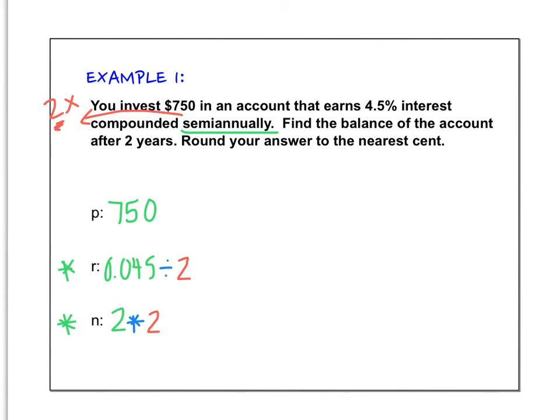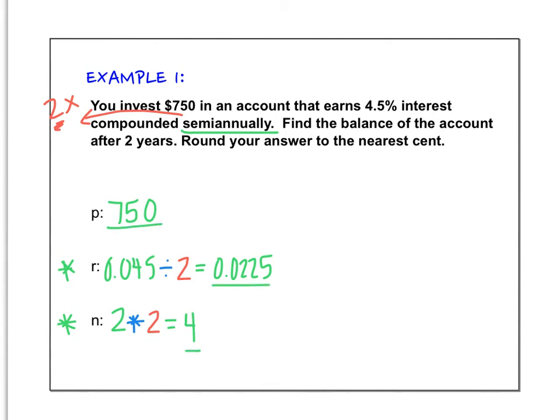So the real value I'm going to use for R in my formula is going to be what 0.045 divided by 2 is, which is 0.0225. And for the N, I'm going to use what 2 times 2 is, which is 4. So these are the numbers that I'm going to be plugging into my formula.